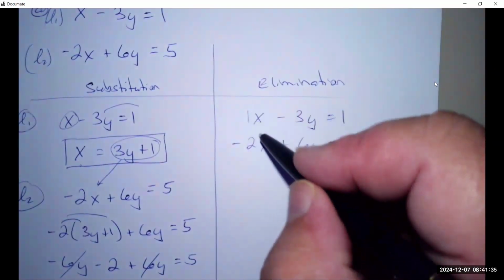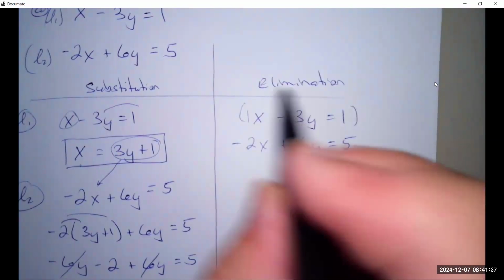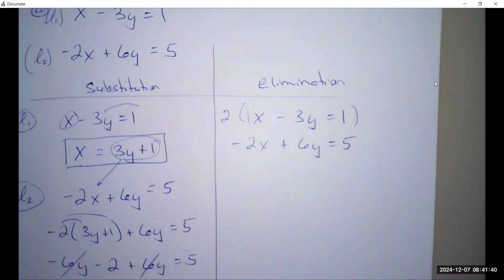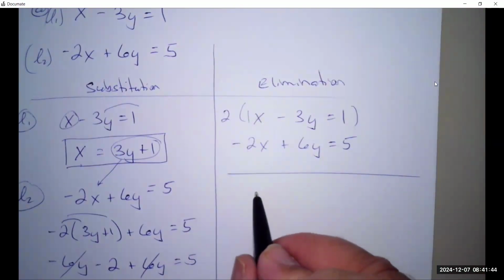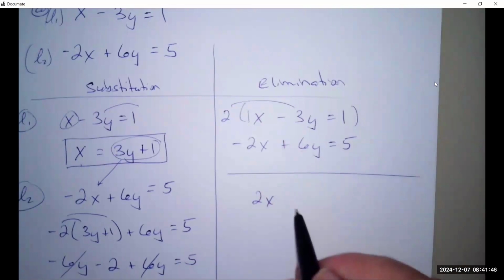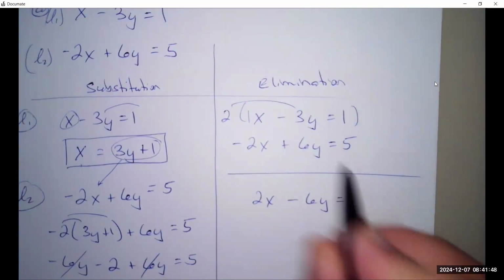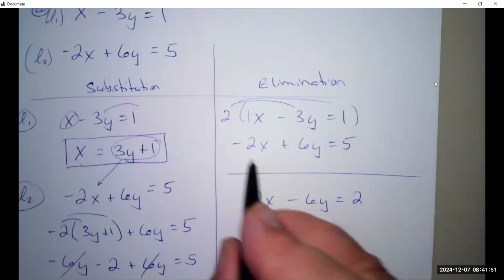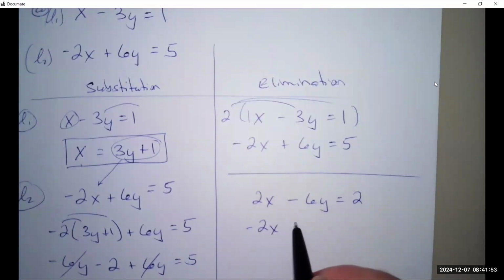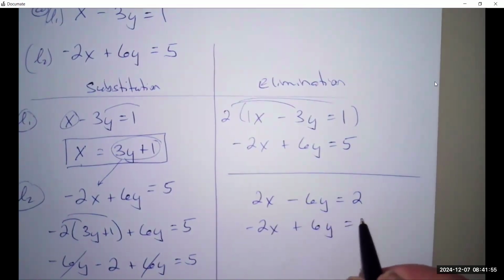Since this one's 1, what if we multiply the first equation by 2? Okay, 2 times 1 is 2x minus 6y equals 2. And the second line is negative 2x plus 6y equals 5.